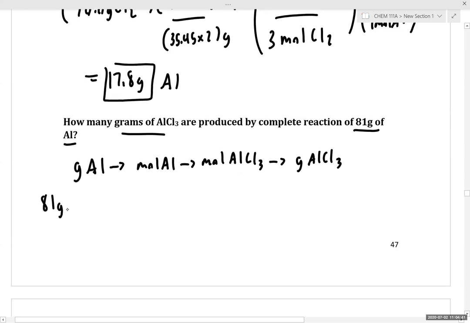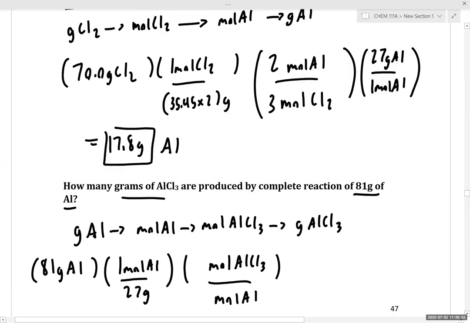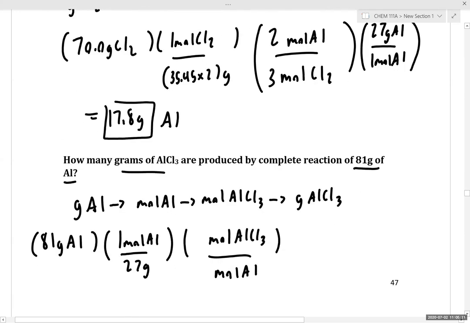So we know that if we have 81 grams of aluminum, in 1 mole of aluminum we have 27 grams. Now my question is, how many moles of aluminum chloride do we produce per mole of aluminum consumed? What's our mole to mole ratio? Two to two. Yep.